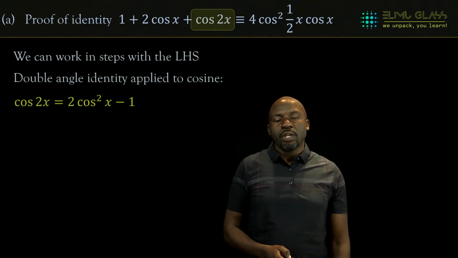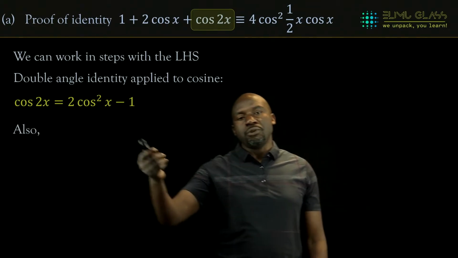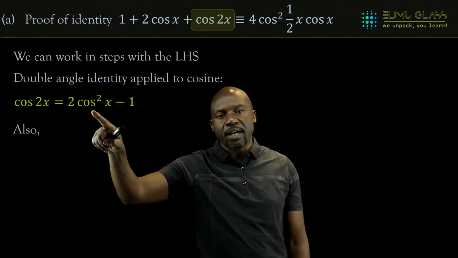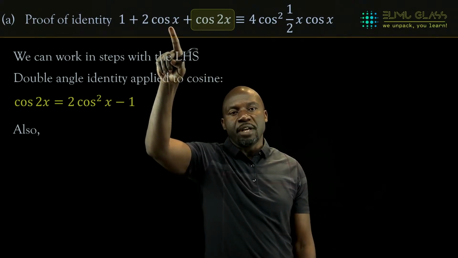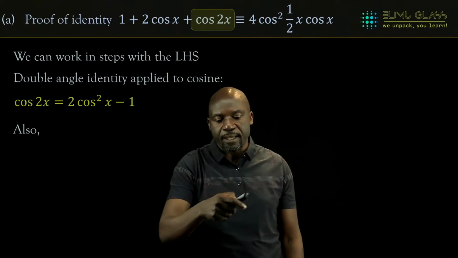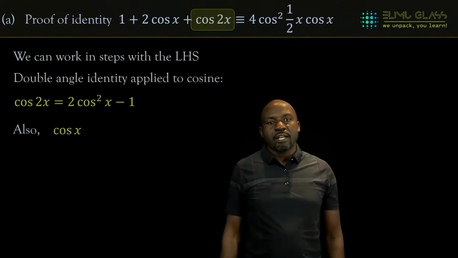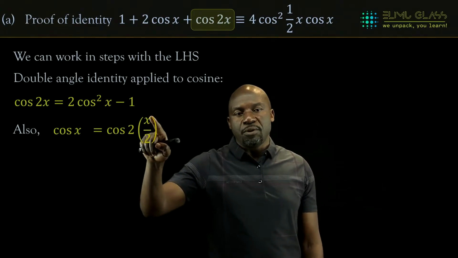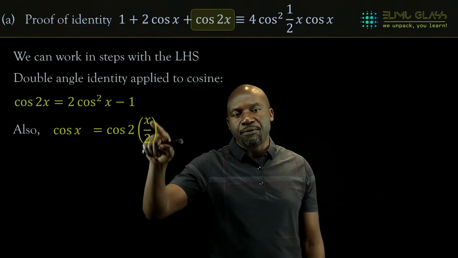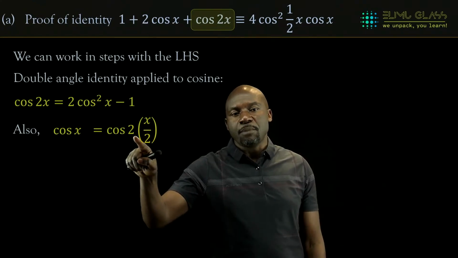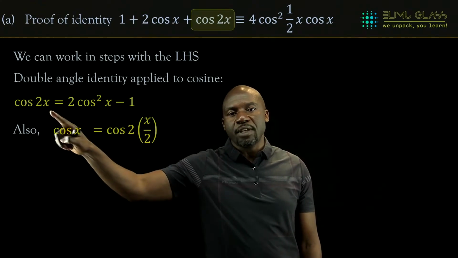I'm also going to use the double angle formula to express cosine x by itself. So cosine of x can be expressed as cosine of twice half x, that is cosine of 2 into x over 2. Half of x times 2 is actually just x, but I'm doing this so that I can make use of this idea.